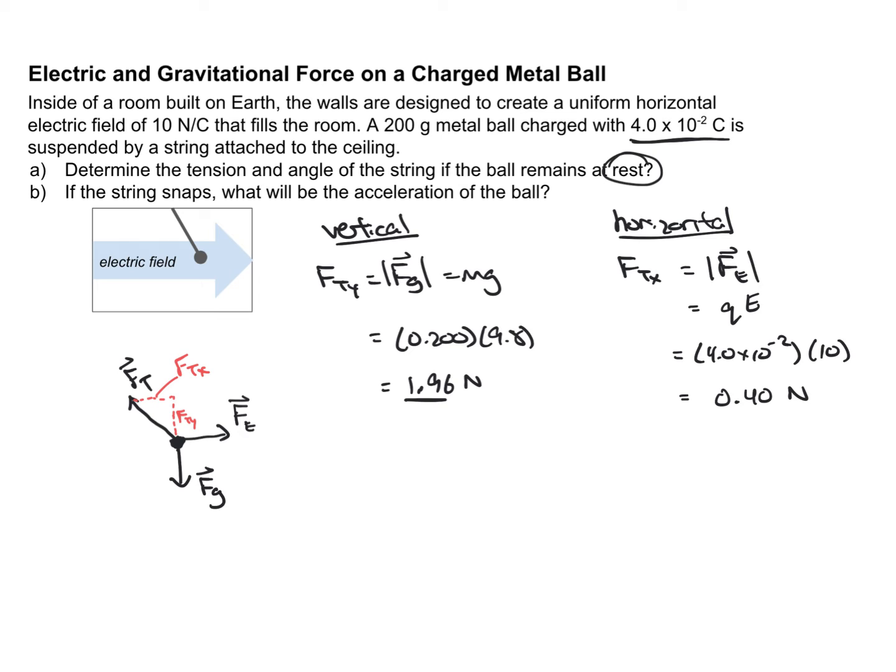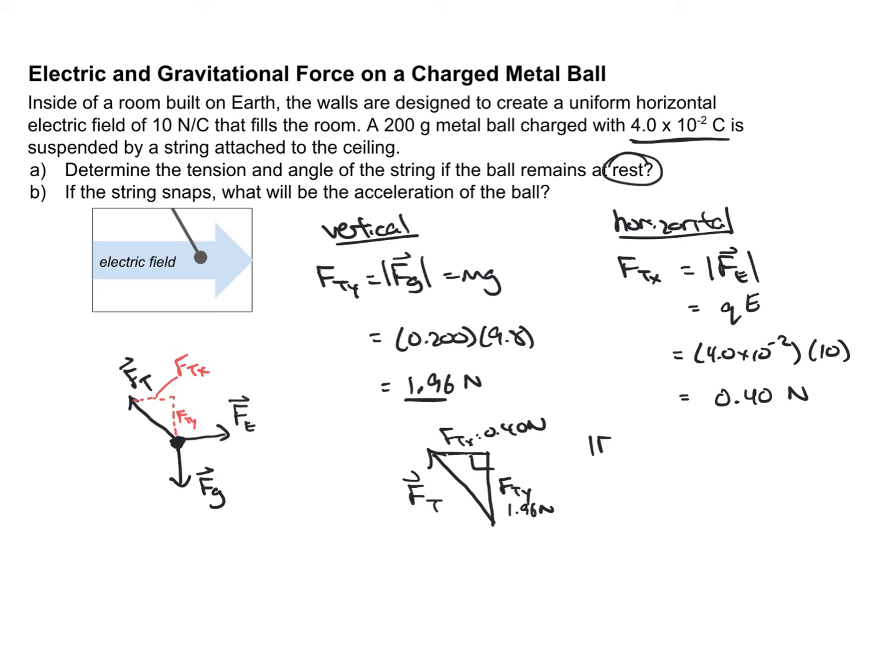So I've got the vertical and horizontal components of tension. I can find the overall tension by doing vector addition. So that's FTY, 1.96, and then FTX, which is 0.40. I can go ahead and find the hypotenuse. That'll be the overall tension.